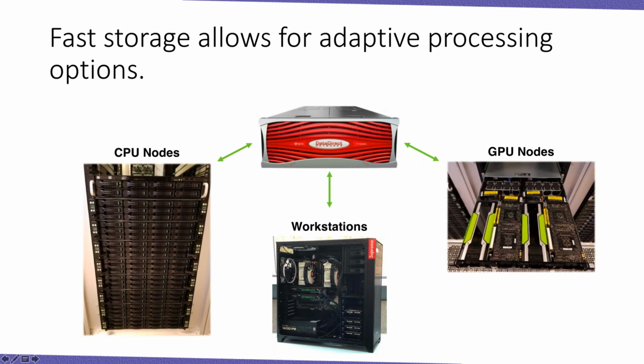Here at TSRI, we have a ton of processing options. We have racks of dense CPU nodes, we have workstations, and we have racks of dense GPU nodes. And our quick storage and network infrastructure allow us to interface with all of those seamlessly. It's really great. And if you take care of this from the ground up, from network to data storage to processing, you really have fluidity moving forward in how to address the problems that arise.